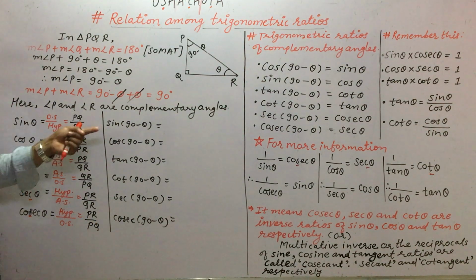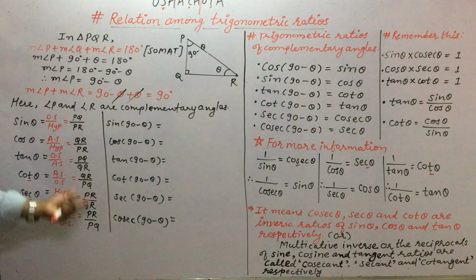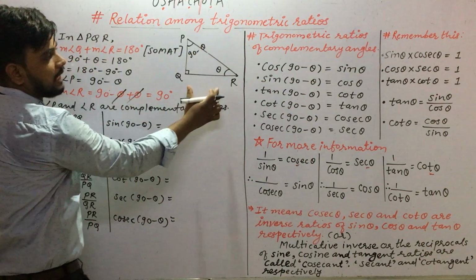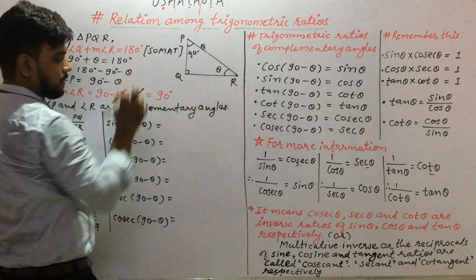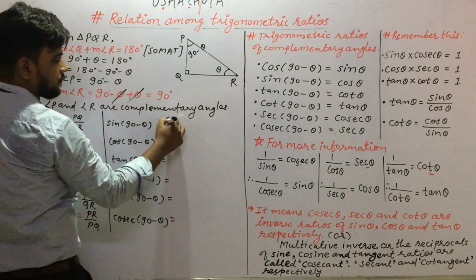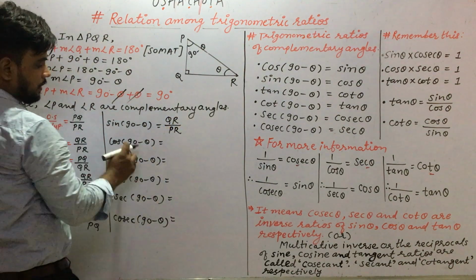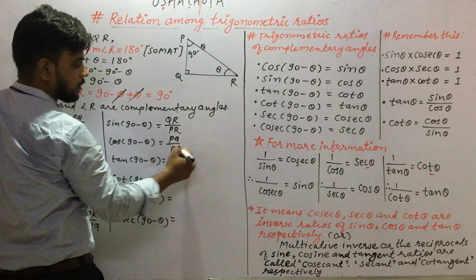Now we will also calculate this, and this time I will not be writing this red part. I will be writing in terms of sides. So for sin 90 minus theta, the opposite side will be this, the adjacent side will be this, and the hypotenuse will be this. So let's write first: QR upon PR. The adjacent side is PQ, so cos is PQ upon PR.